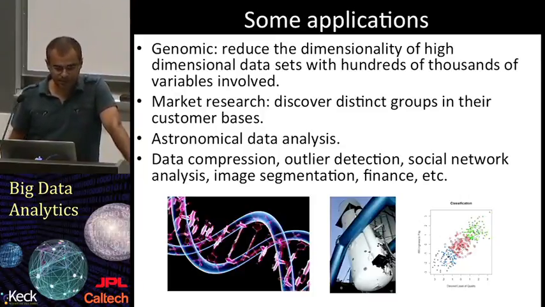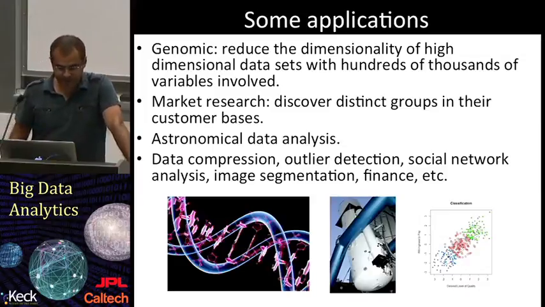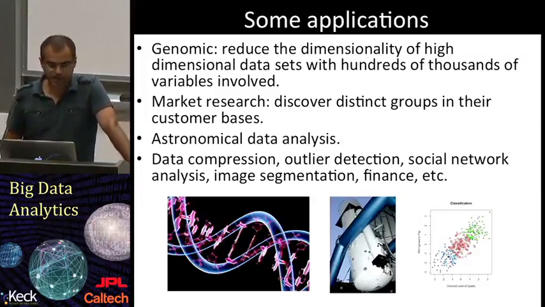The goal there is to discover distinct groups in the customer base and then use this knowledge to develop targeted marketing campaigns. Clustering and other unsupervised approaches are also used in astronomical data analysis, data compression, outlier detection, social network analysis, image segmentation, basically in almost every field.